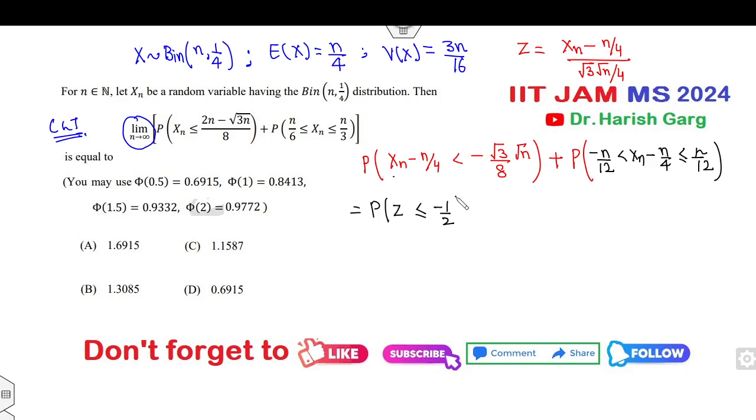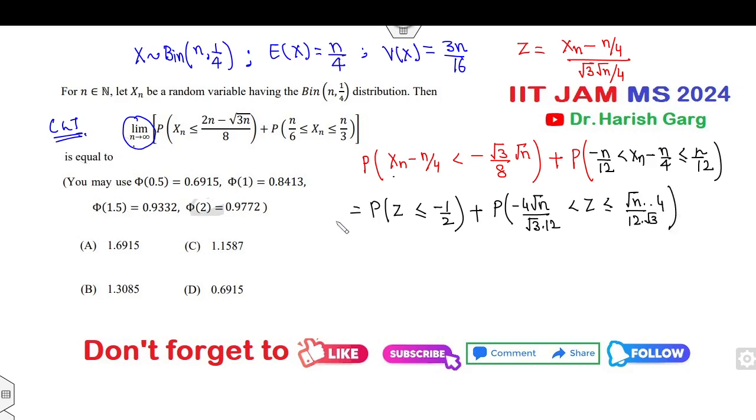It is minus half plus, when you divide by root 3 root n, one root n will be cancelled. It is minus 4 root n in the numerator, root 3 in the denominator, and 12. This term is my Z. This number is root n in the numerator, 12 root 3 and 4 in the denominator.